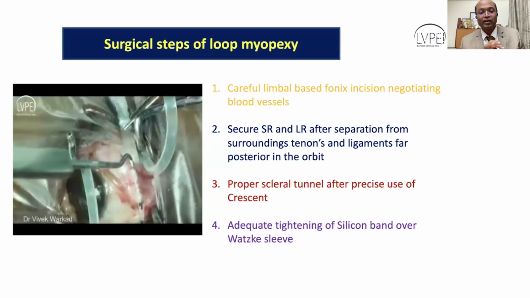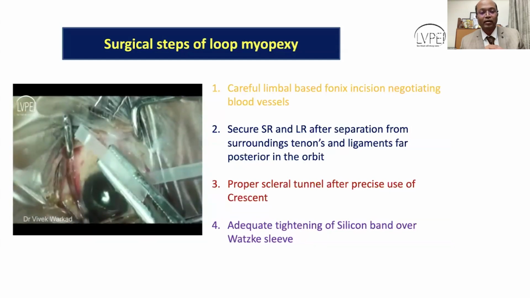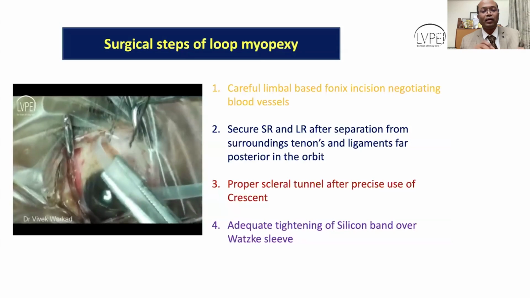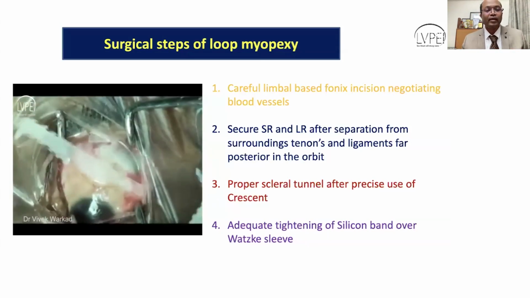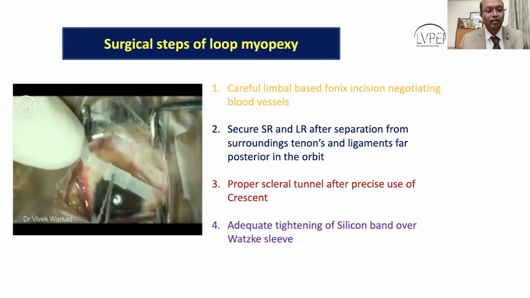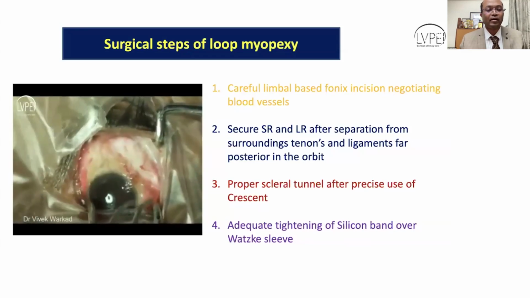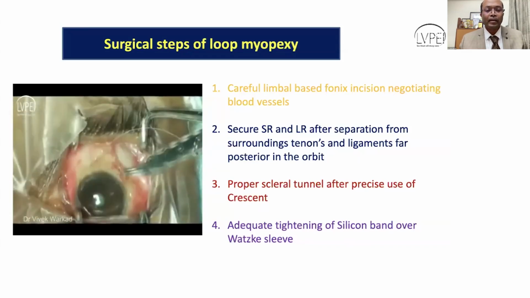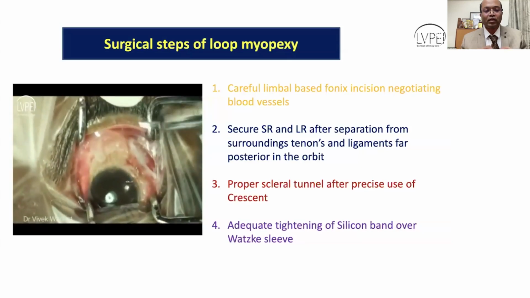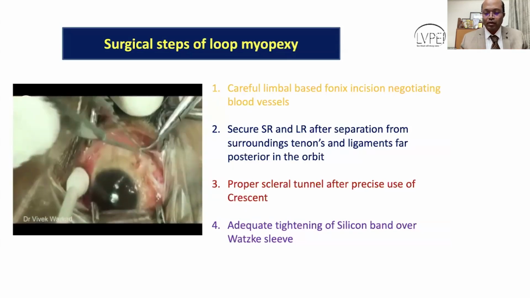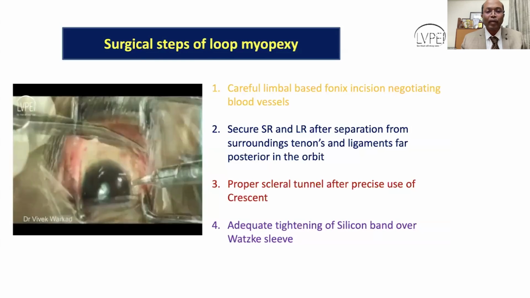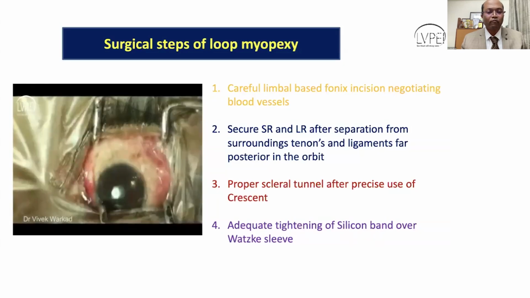Once you pass underneath and secure it underneath the other muscle, you tighten it with the Watzke sleeve. How much tightening is also a very common question that I come across. You just have to oppose it so that the muscles reach each other. That's how loop myopexy is performed.